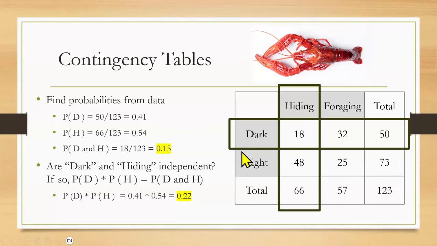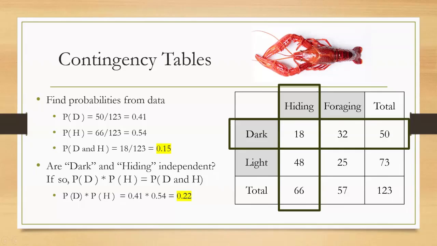In this experiment, we think that the dark and light conditions may have some effect on the crayfish behavior. Dark versus light is our light condition, the overall variable here, and hiding versus foraging is the behavior of the crayfish. So our question is, is behavior independent of light condition?